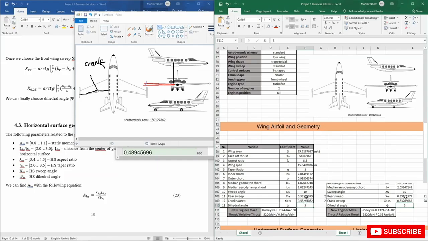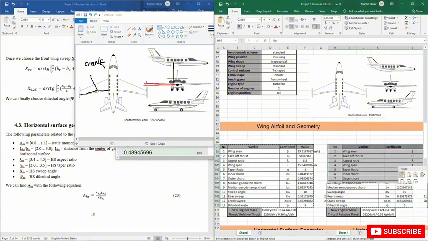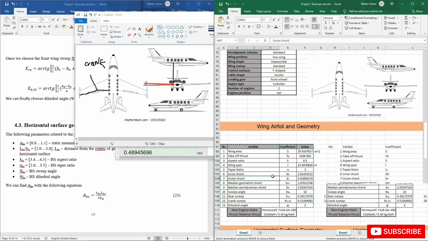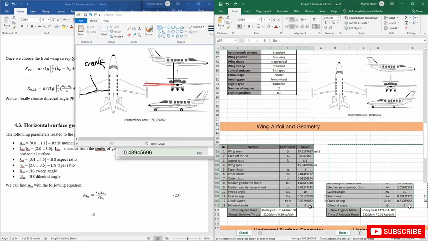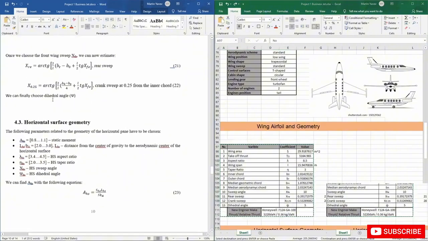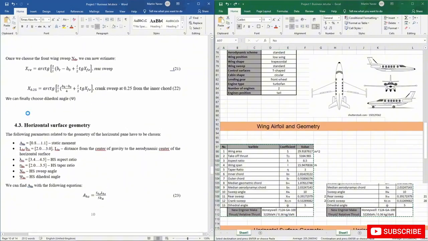So what I will do, I will copy and paste this table here, and I will paste it only by values. No, actually I will not do that. Better just to copy and paste it inside our workbook. So I will copy this and also the engines. Here we go, as we estimated our wing now, and I will simply place it here.